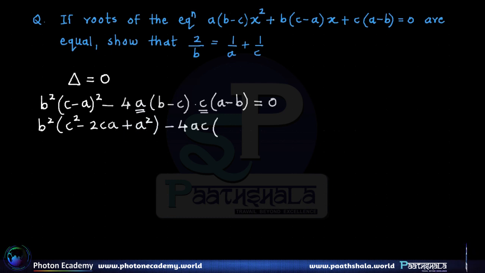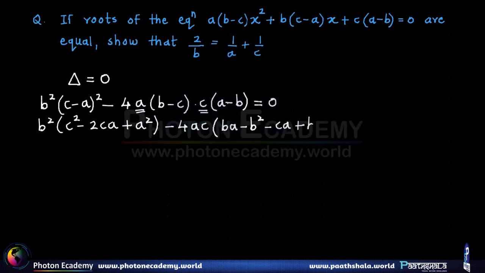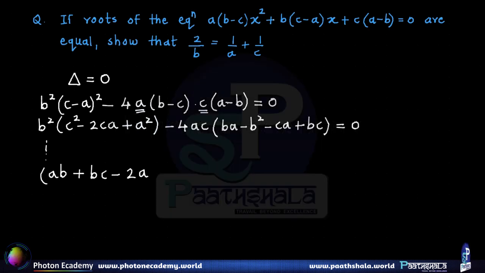So that is ba minus b square minus ca plus bc equal to 0. Now on simplifying further, we will get that this expression is equal to ab plus bc minus 2ac the whole square equal to 0. So basically the left hand side is a perfect square as shown here.